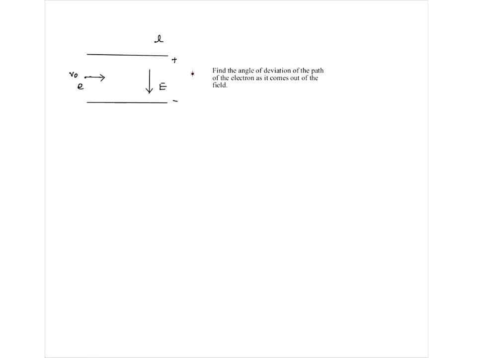If this is the x-axis and this is the y-axis, let's say t is the time in which it reaches the corner, whether the top point or somewhere here. There is no force along the x direction, so distance equals speed into time. In the y direction, let's say it has moved up by y. Now whether y is this or d by 2, we'll see.